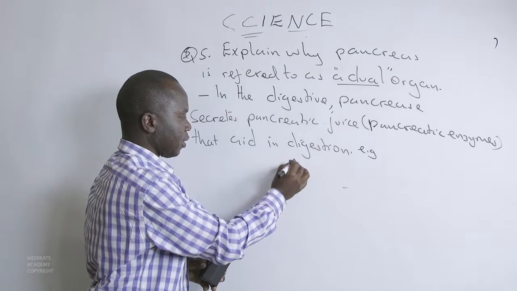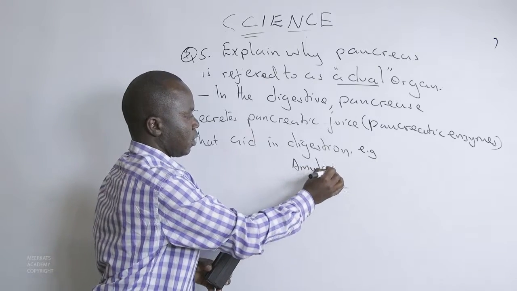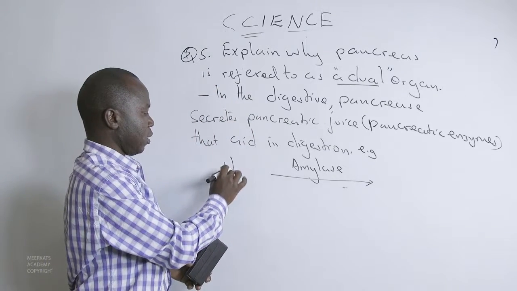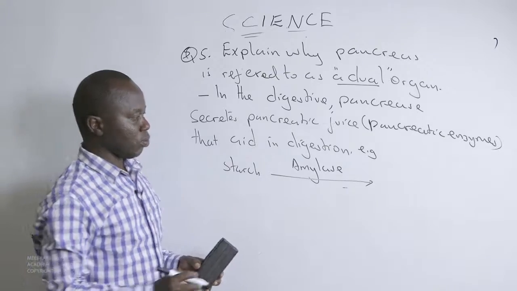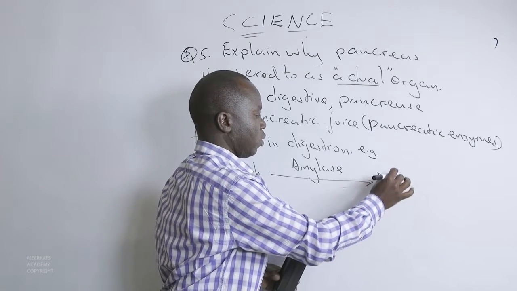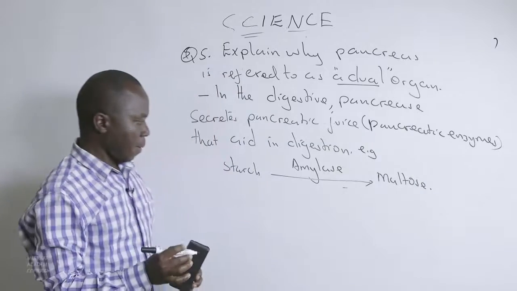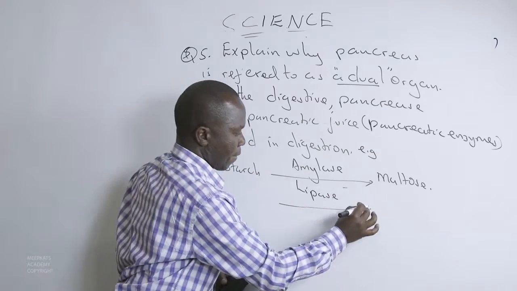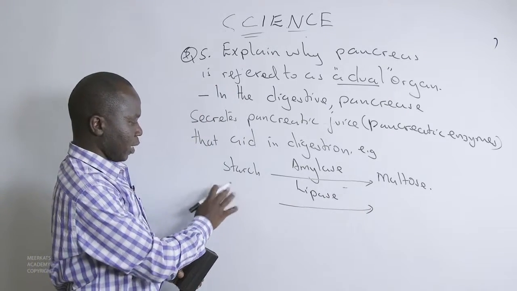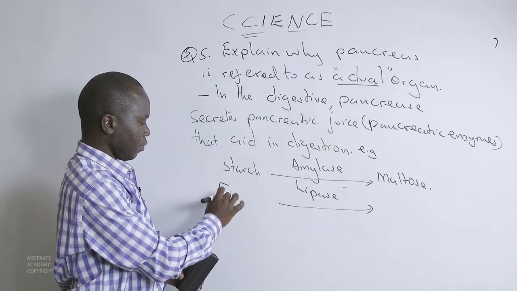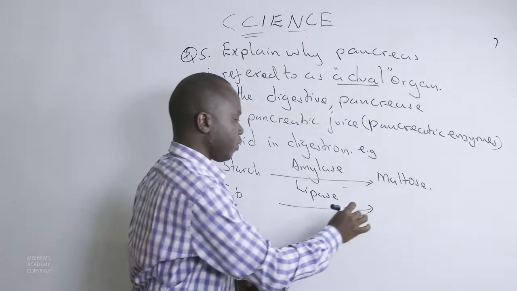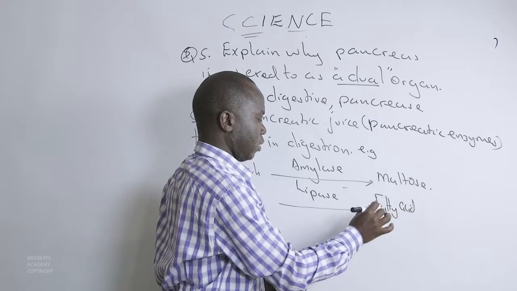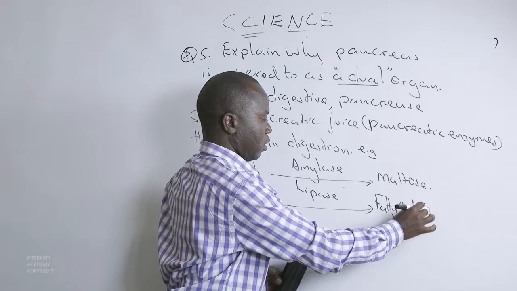Pancreatic amylase. Remember the role of amylase? It breaks down starch to maltose. Pancreatic lipase breaks down lipid fats into fatty acids and glycerol.